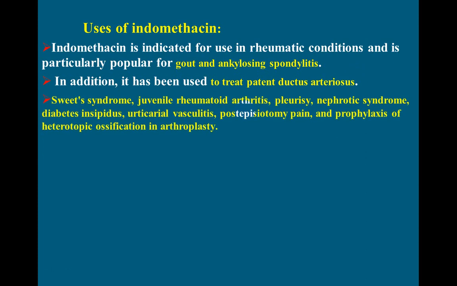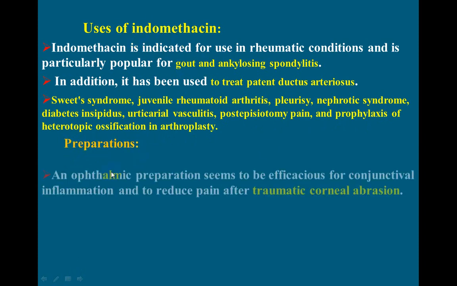Other indications: Sweet syndrome, juvenile rheumatoid arthritis, pleurisy, pain in the pleura, nephrotic syndrome, diabetes insipidus, urticarial vasculitis, post-episiotomy pain during labor, and the prophylaxis of heterotopic ossification in arthroplasty. These are other uses of indomethacin.